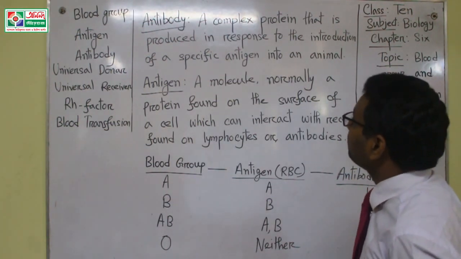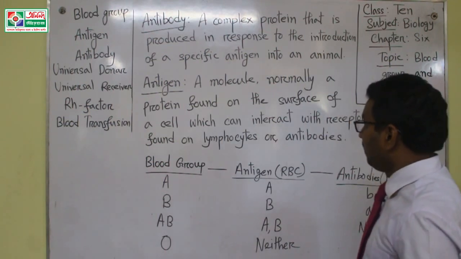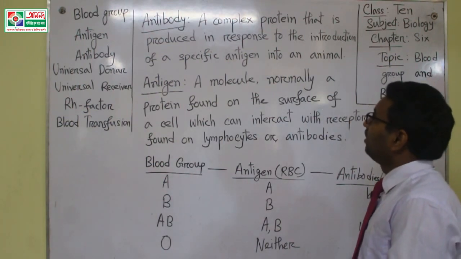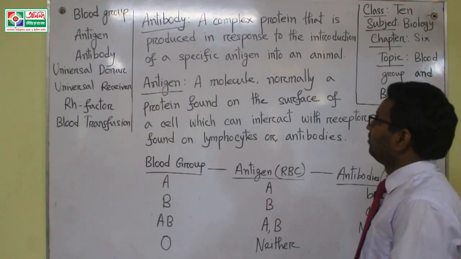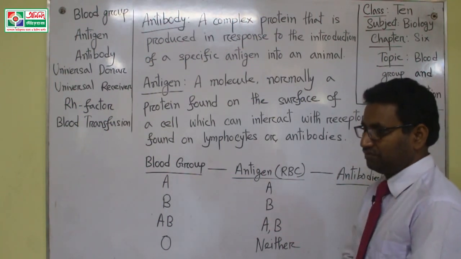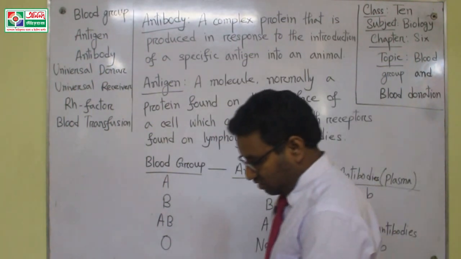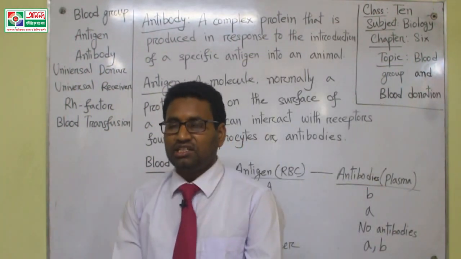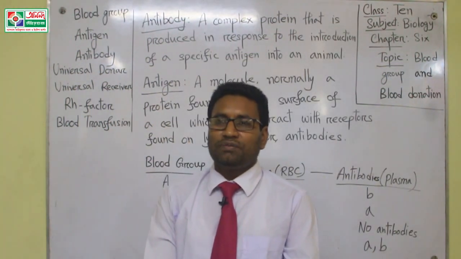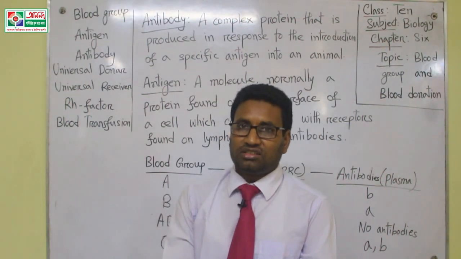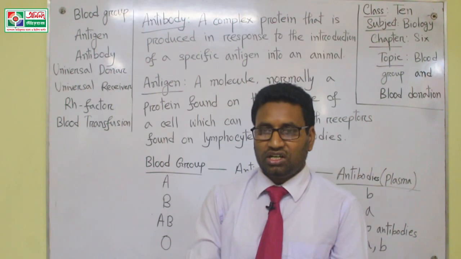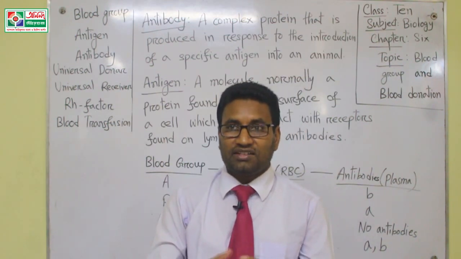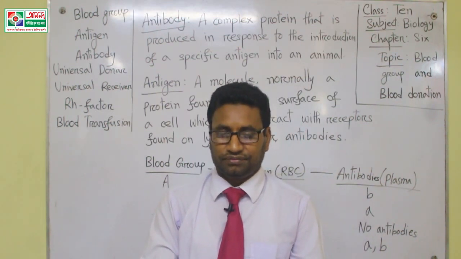That means antibody is a complex protein and it always responds to antigen. Antibody and antigen, two important topics, are closely related to each other. That means antigen always attaches to antibody.